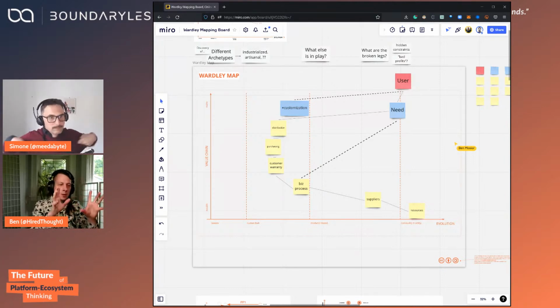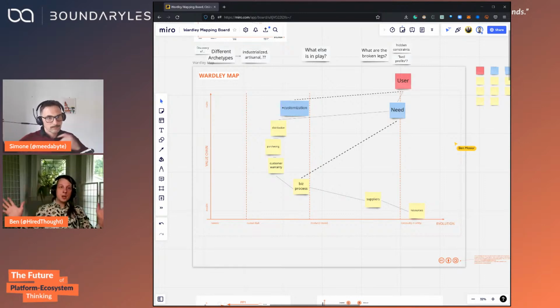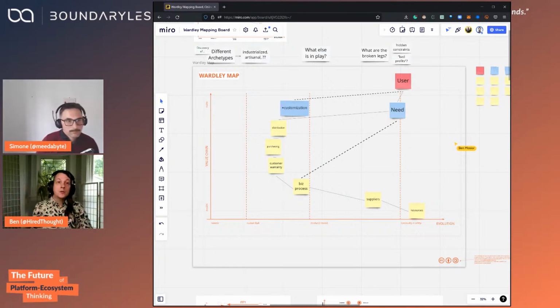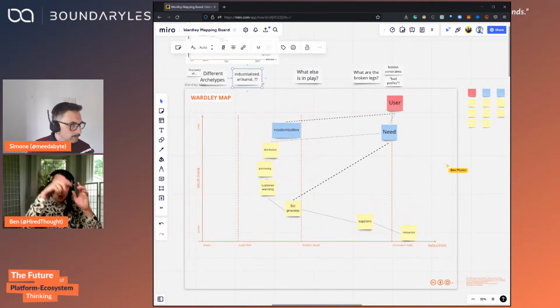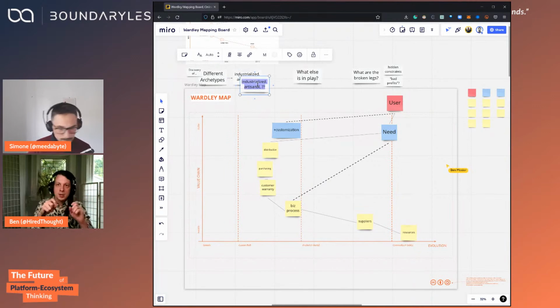It's like waking up and going, oh, there's a thing called customer warranty that should totally be on my map. Okay, I'm going to go look for the customer warranty in my situation. And then you see how it differs from the pattern. The pattern tells you that there's a thing that should be there, or tends to be there. And then you go try to find it in your situation, and it's not there. It's supposed to be here. Where is it?